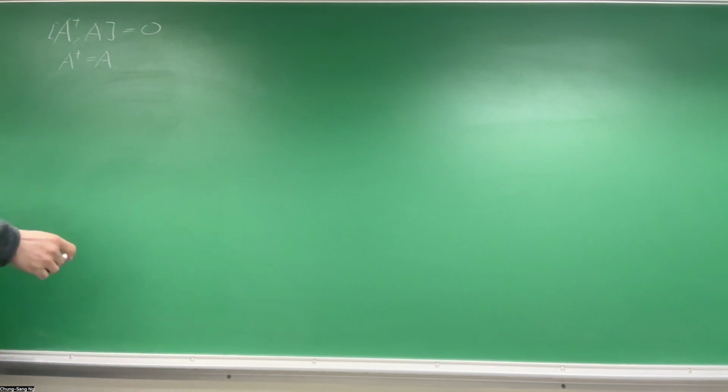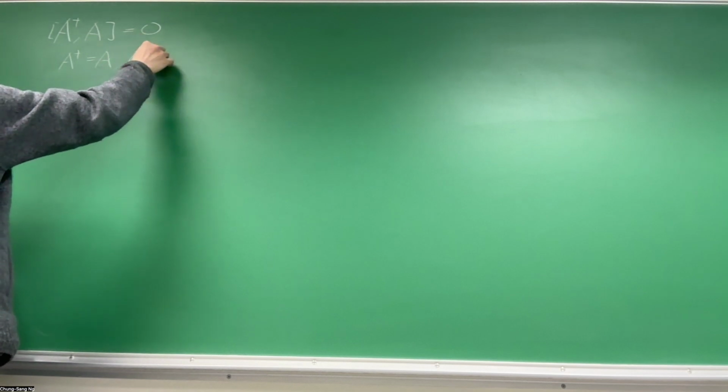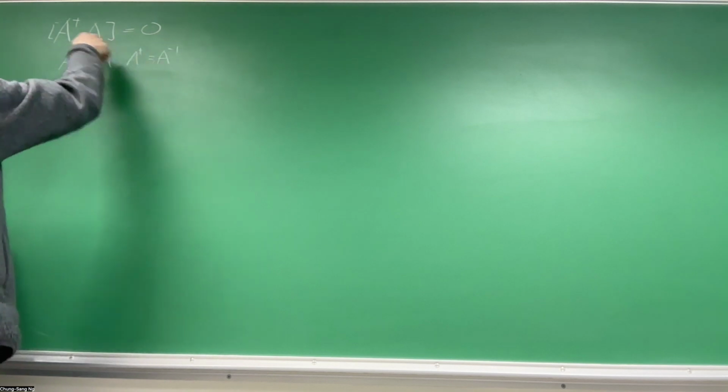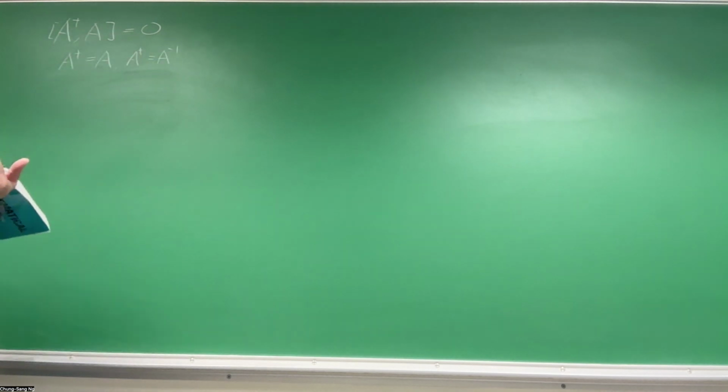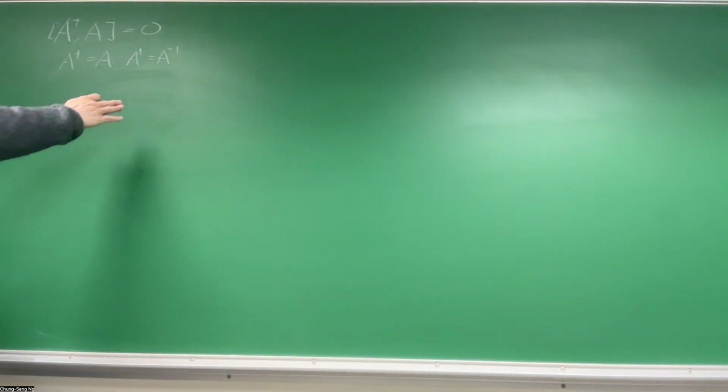And then the unitary matrix also satisfies that, because for a unitary matrix A dagger is the inverse, A inverse, and A inverse commutes with A, obviously.